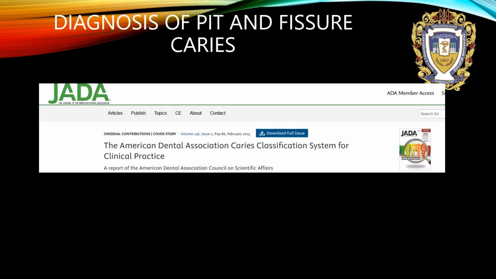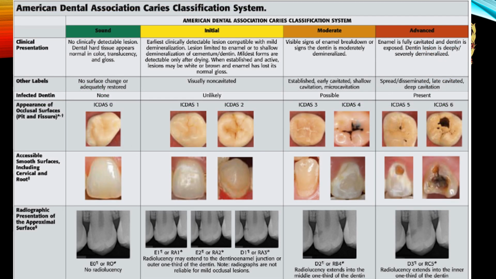I found the original article; that criteria was published in the Journal of the American Dental Association, and it looks like this table.